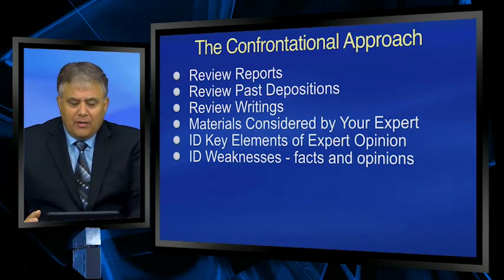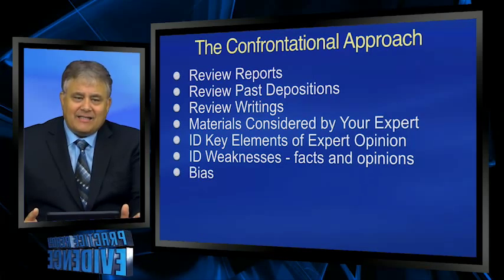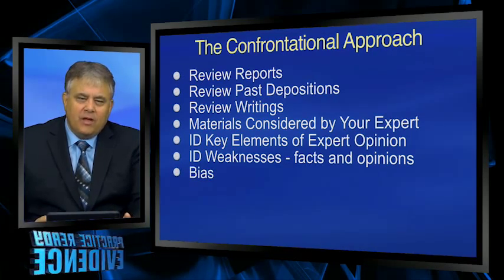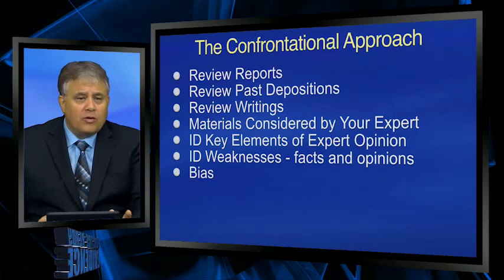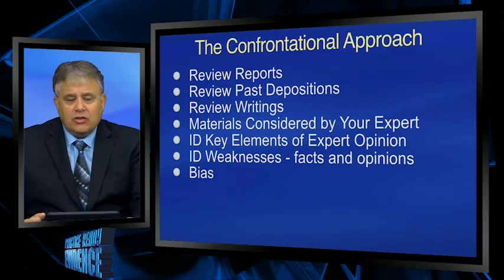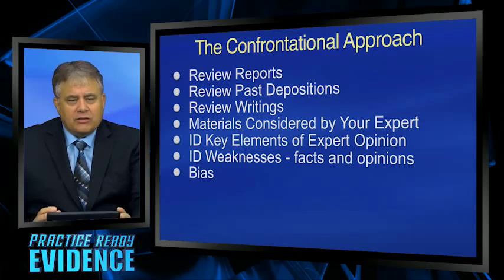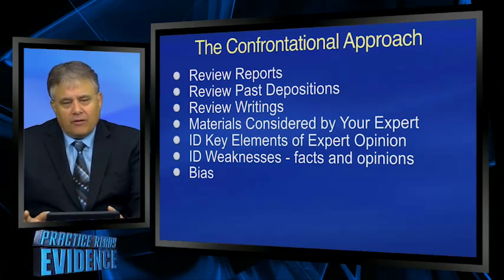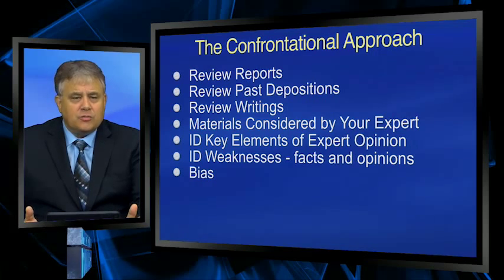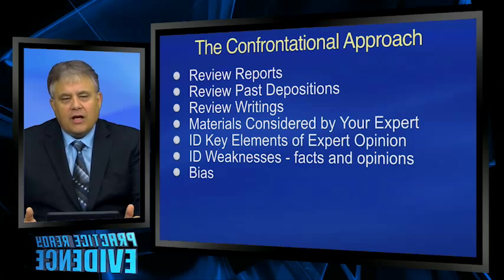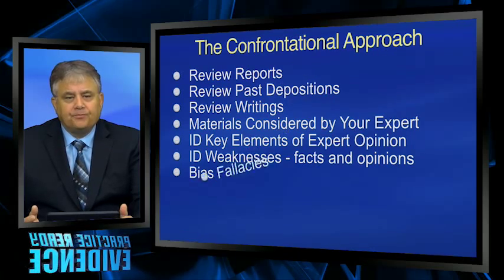And then I'm going to play with the bias of the expert, because bias is always interesting in an expert witness. Bias is for or against parties, for or against issues. Experts are phenomenally interesting in that regard because there's always a fruitful ground of inquiry from a deposition perspective that has nothing to do with the opinion, but has everything to do with the partiality or the impartiality of the expert.